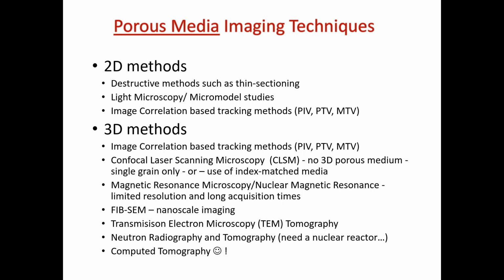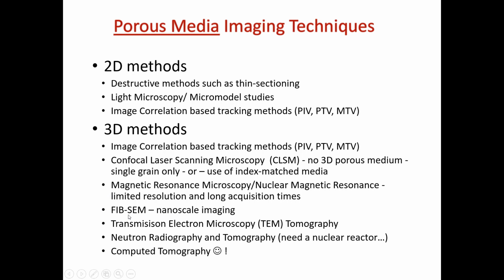Nowadays, you zoom in, move over, zoom in, move over. You take images, and you can actually align these images into a 3D image. So confocal microscopy in my lifetime has moved from 2D to 3D. And then magnetic resonance microscopy and nuclear magnetic resonance. It has somewhat limited resolution. We will get to it too.